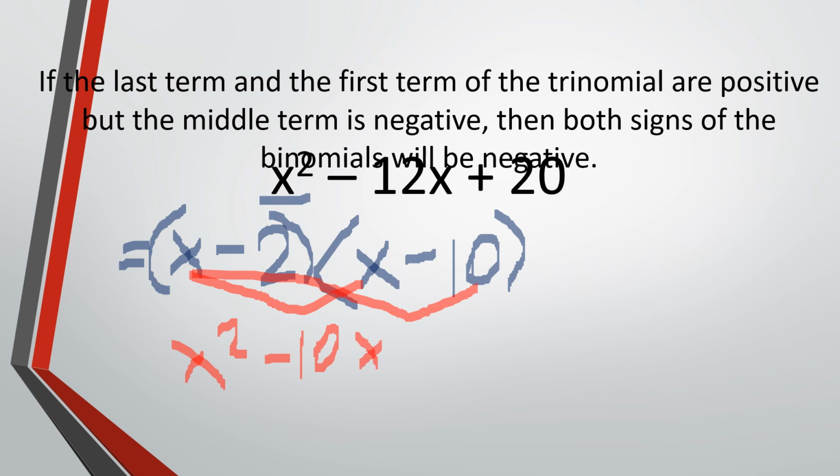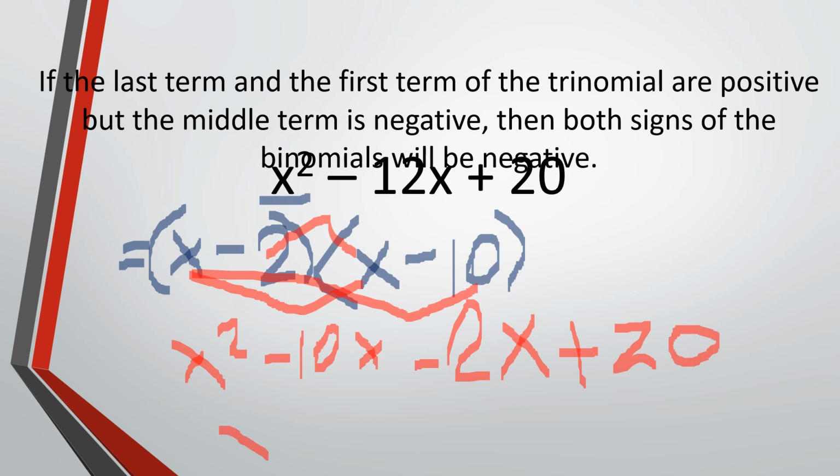If you have negative 2 multiplied to x, the answer is negative 2x. And if you have negative 2 multiplied to negative 10, when you multiply like signs, the answer is positive. So negative 2 times negative 10, the answer is positive 20.